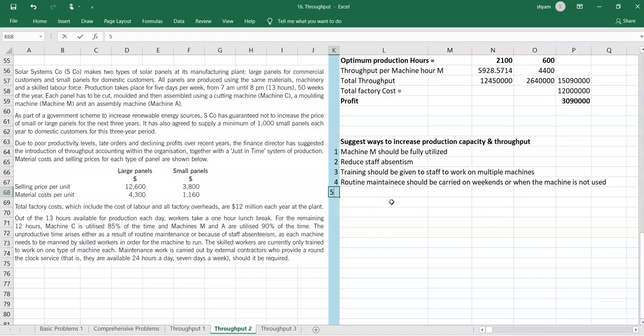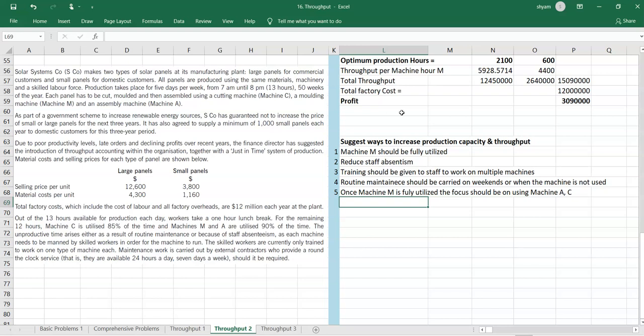We can also put that once machine M is fully utilized, the focus should be on using machines A and C. Once we are fully utilizing this, we then focus on the other machines.